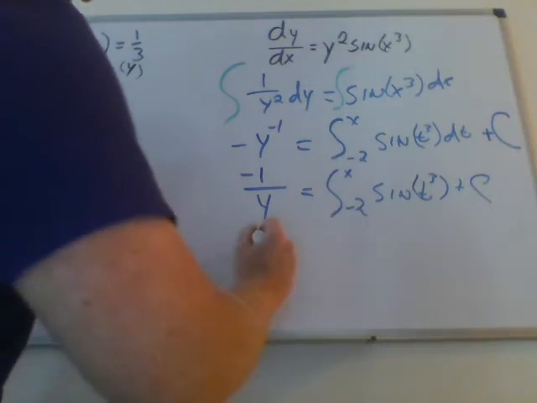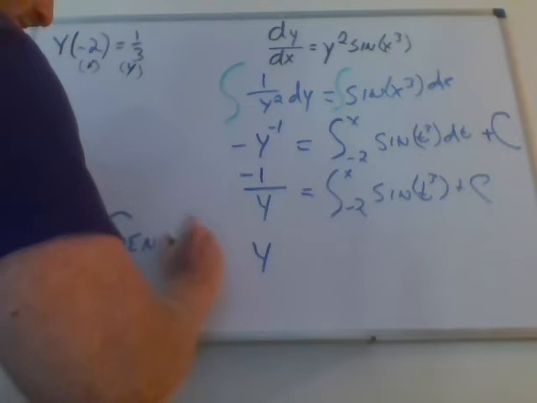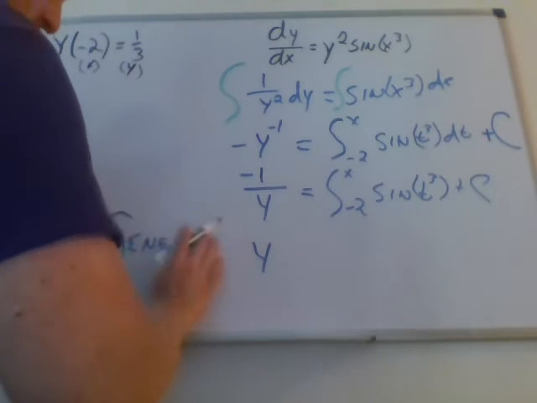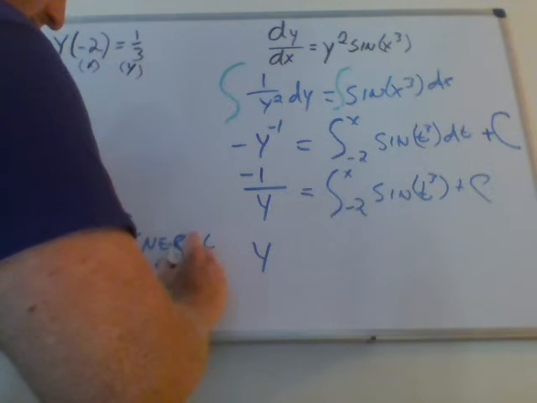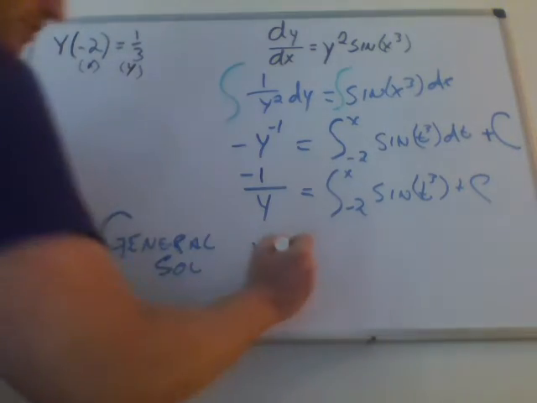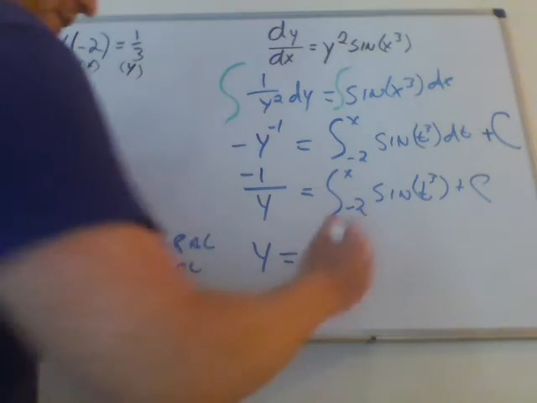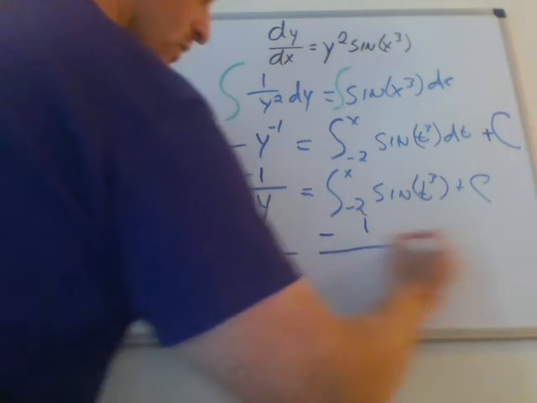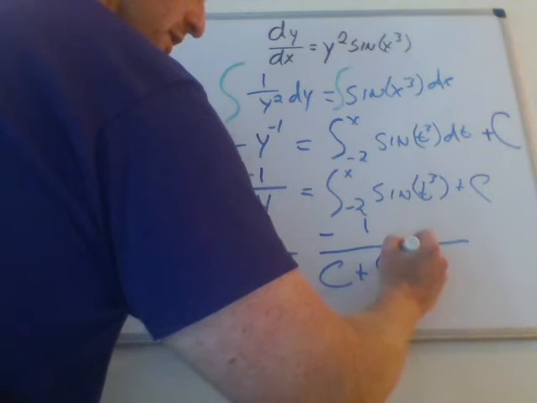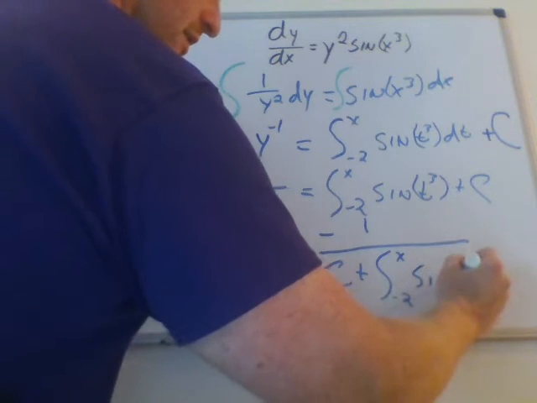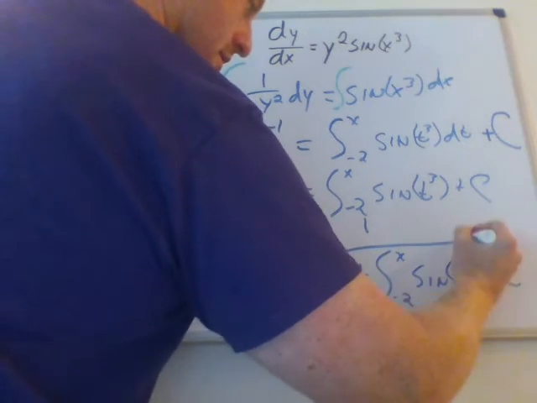And then for your general solution, you get y equals, now just flip over, equals -1 over the constant plus the integral from -2 to x of sine t to the 3 dt.